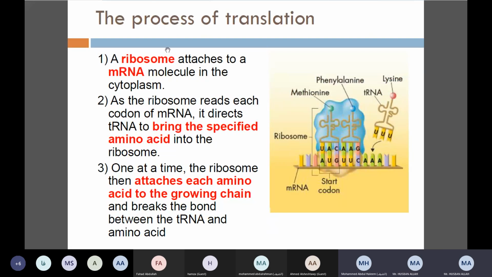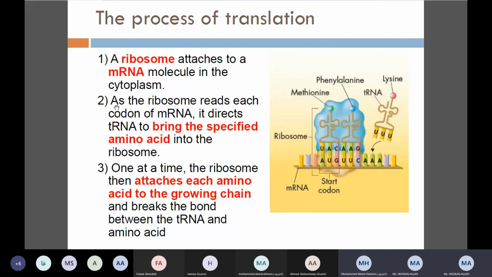You can see here a ribosome attached to a messenger RNA molecule in the cytoplasm. Now, what is a ribosome? A ribosome is an organelle which is present in the cytoplasm. It is going to attach to the messenger RNA in the cytoplasm.